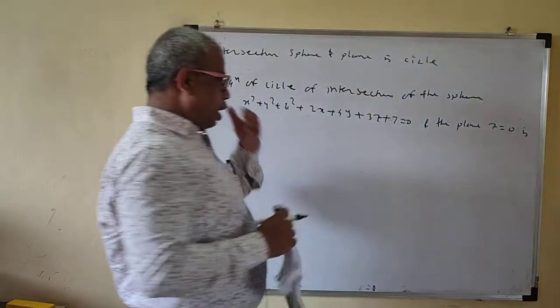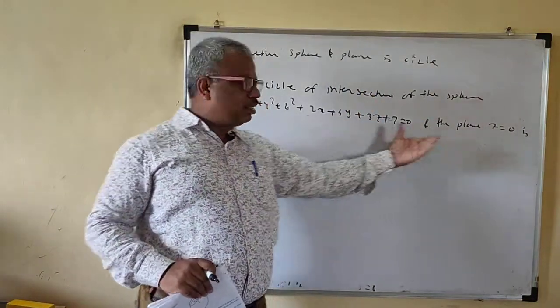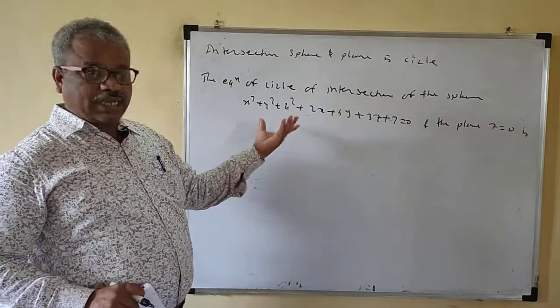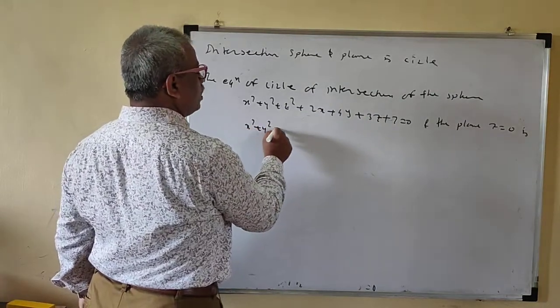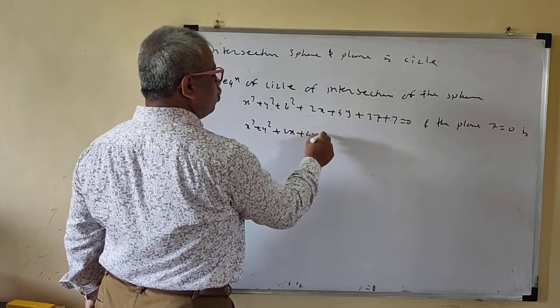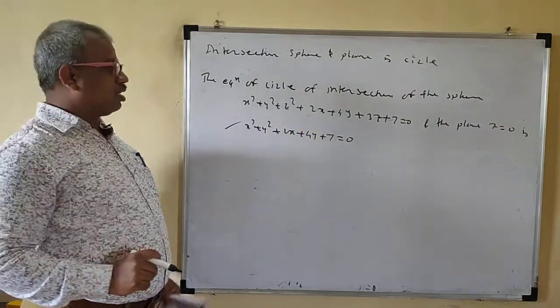The plane could be z equal to 0 or x equal to 0 or y equal to 0, it doesn't matter. You have to put z is equal to 0 everywhere. So this is x square plus y square plus twice x plus 4y plus 7 is equal to 0. This is your required equation of the circle.